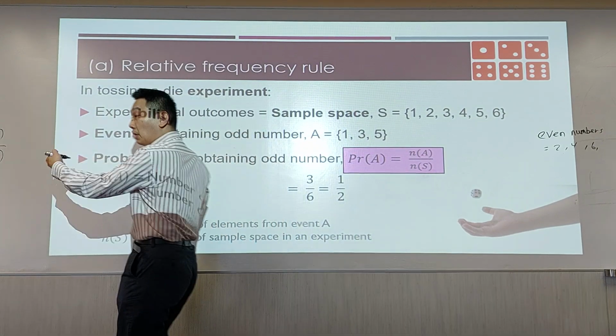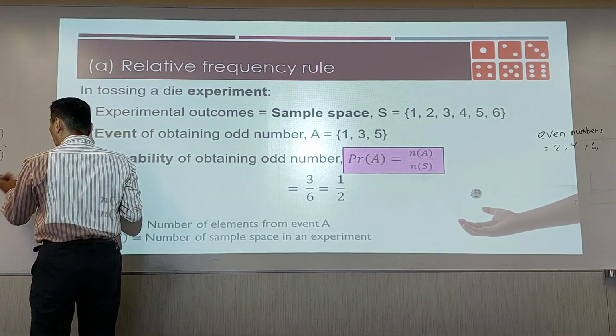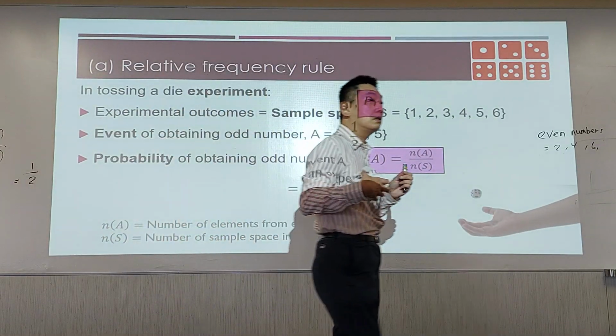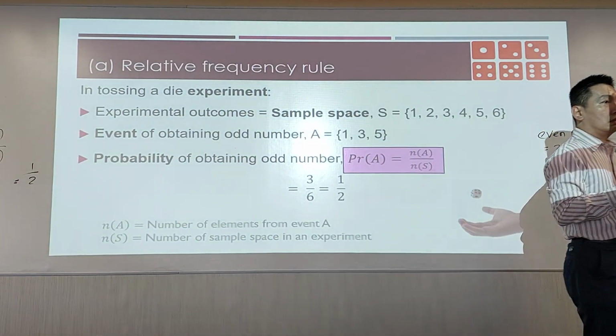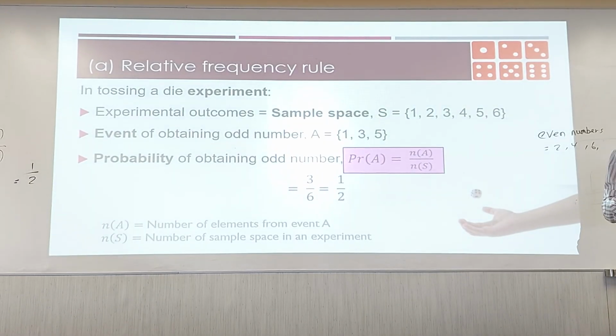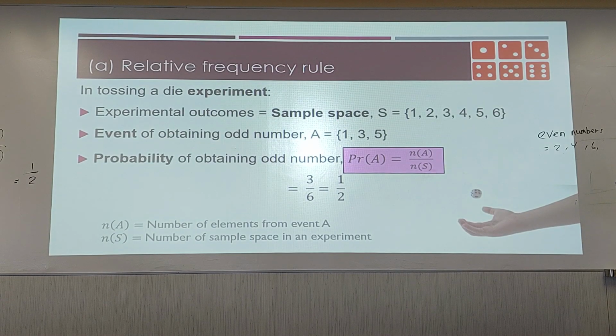Then this fraction can be simplified, so you get 1 over 2. 1 over 2, if you convert to a percentage, is equal to 50%. So there is a 50% chance that we will get an odd number if you throw a die.